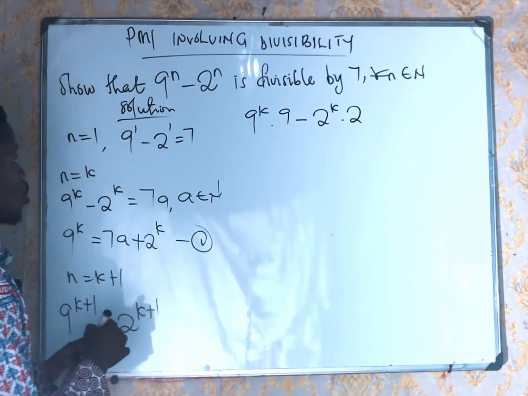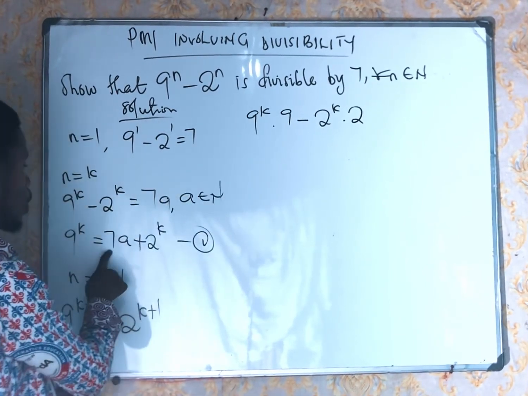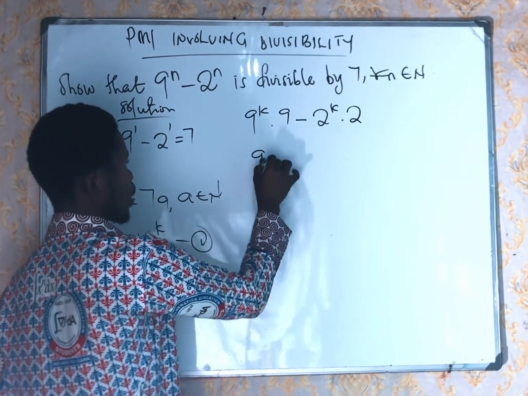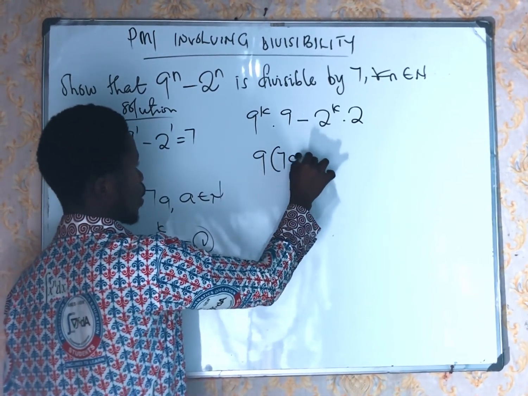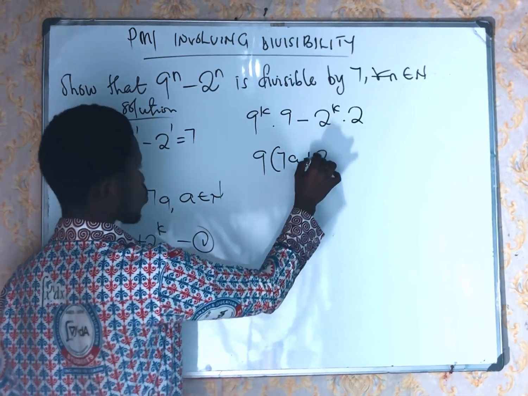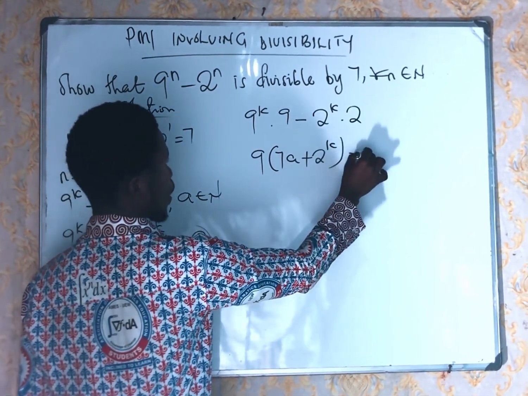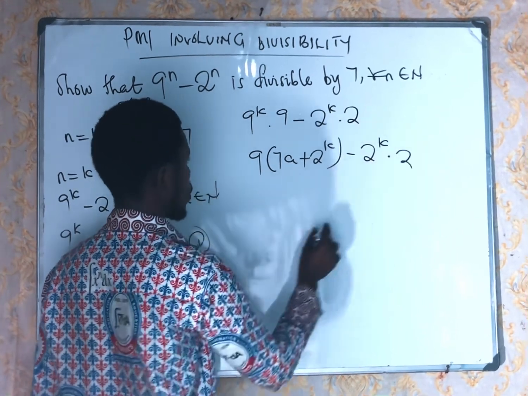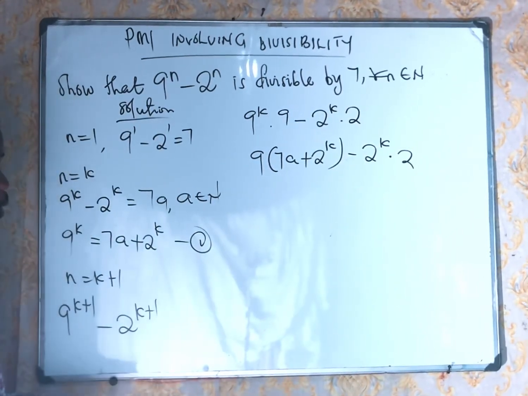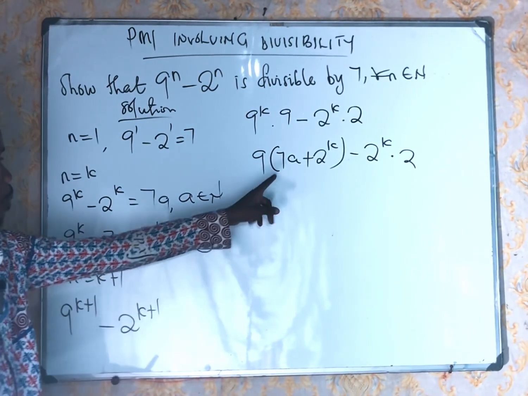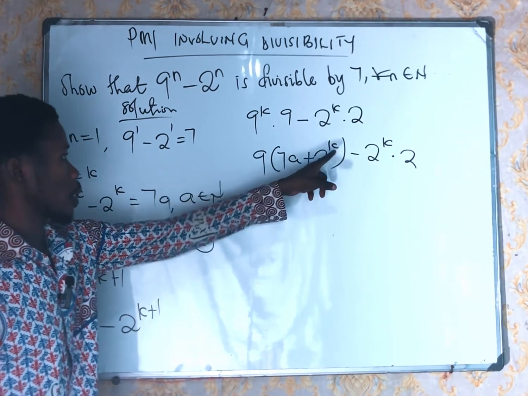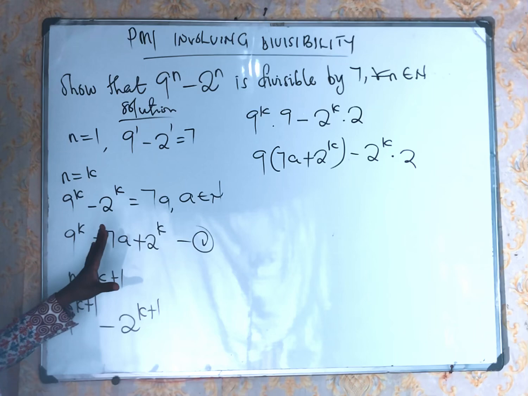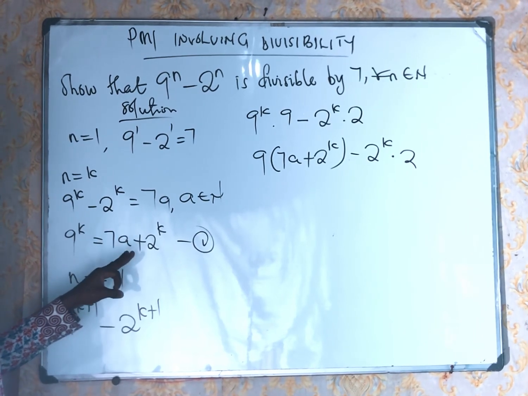So in place of 9 to the power k, I'm going to replace it by 7a plus 2 to the power k. So I'm going to have 9 multiplying 7a plus 2 to the power k, minus 2 to the power k multiplied by 2. Very good.